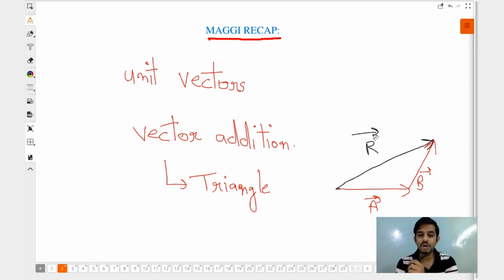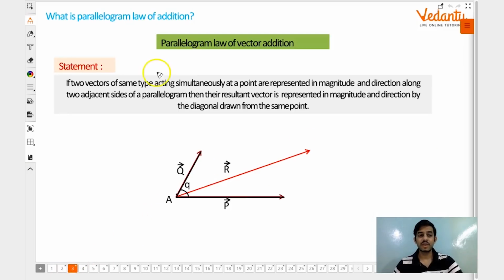Another important law that we discussed was the parallelogram law of vector addition. So what was parallelogram law? If 2 vectors of the same type are represented in magnitude and direction along 2 adjacent sides of a parallelogram, then the resultant is given by the diagonal drawn from the same point. याद आ रहा है guys कुछ?